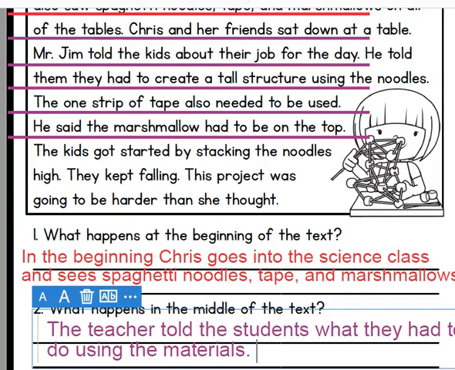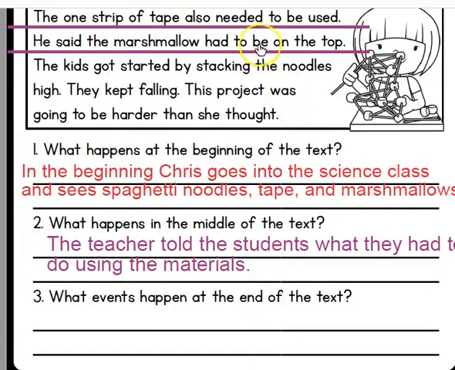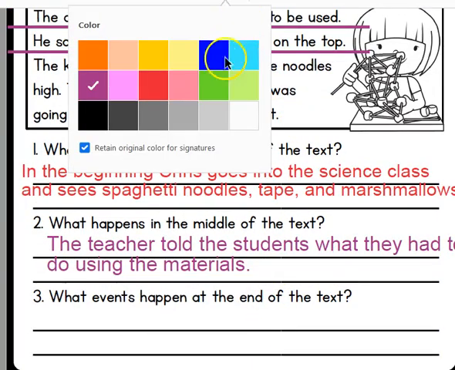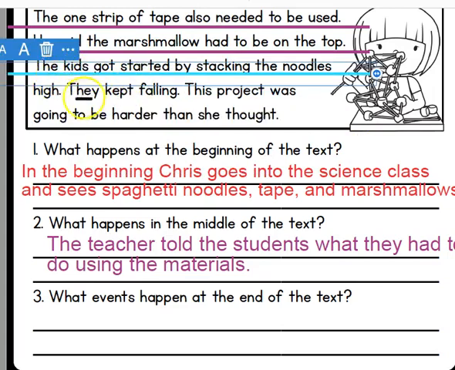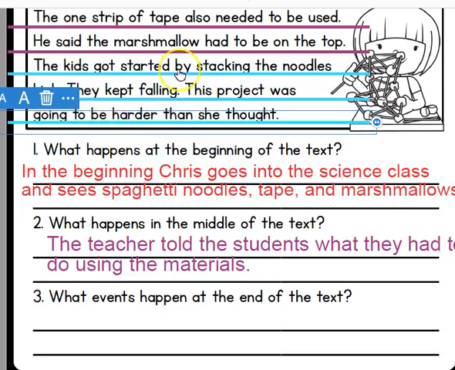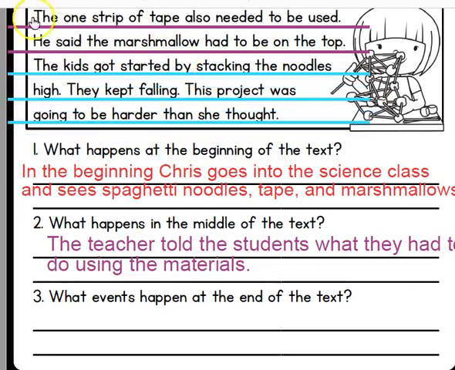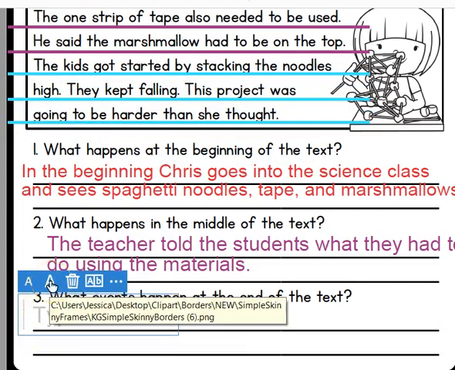Okay, then at the end, because that's what my next question is, what events happen at the end? Let's go to blue. The kids got started by stacking the noodles high, but they kept falling. The project was going to be harder than she thought. So she thought this project was going to be so cool and so easy.